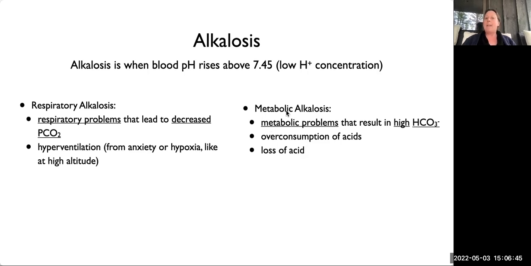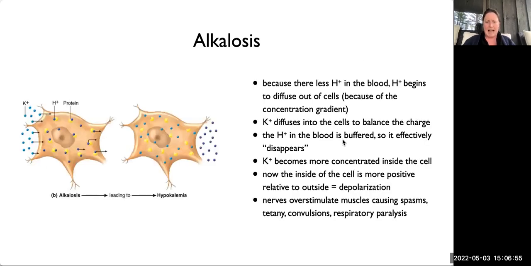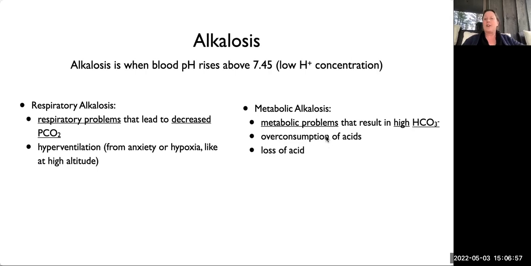Okay, metabolic alkalosis is anything that's going to produce high bicarbonate. Oops, this was supposed to say overconsumption of antacids, not acids, I apologize. So antacids like Tums or Rolaids are actually just bicarbonate, usually calcium bicarbonate.